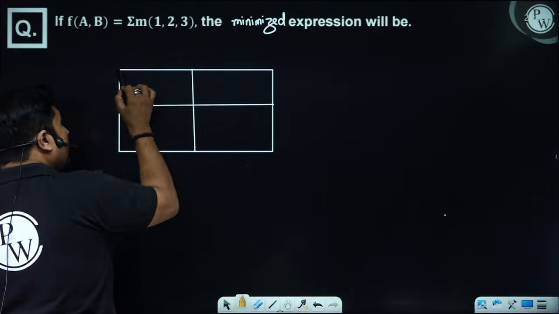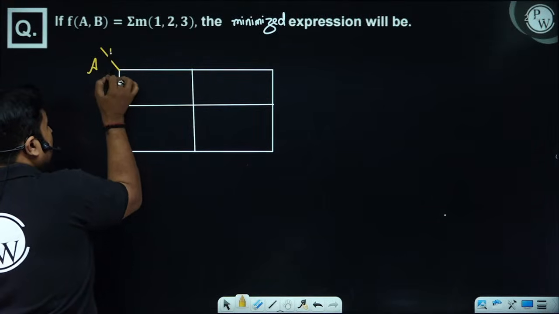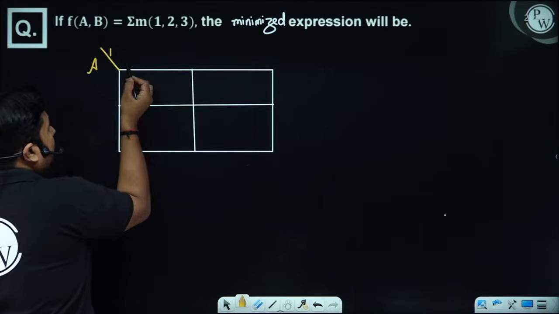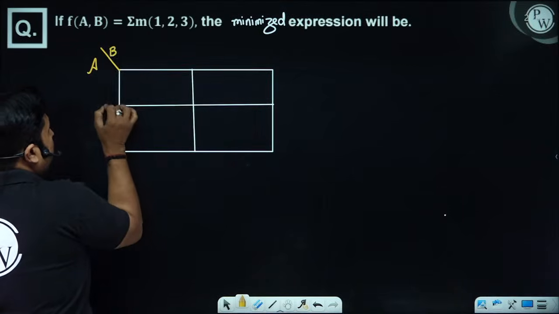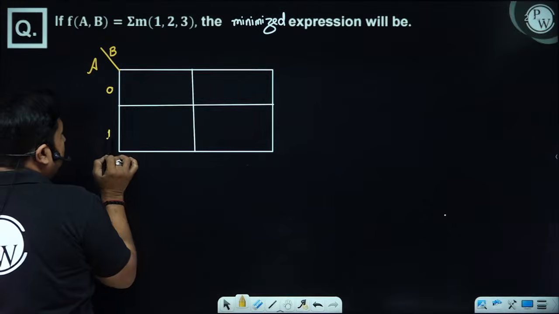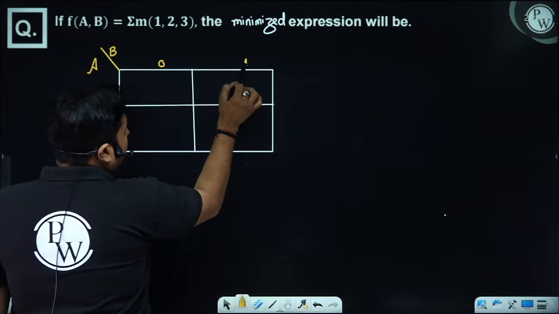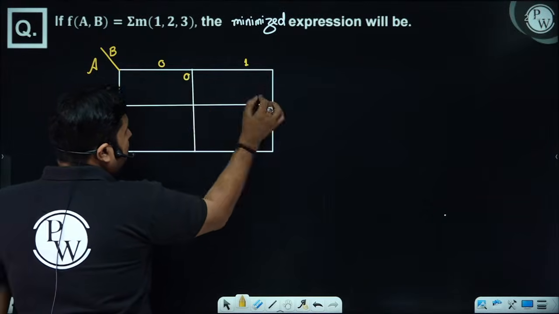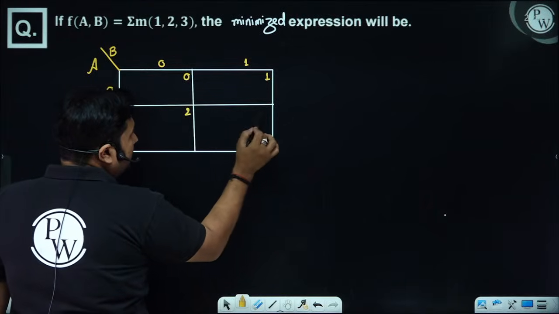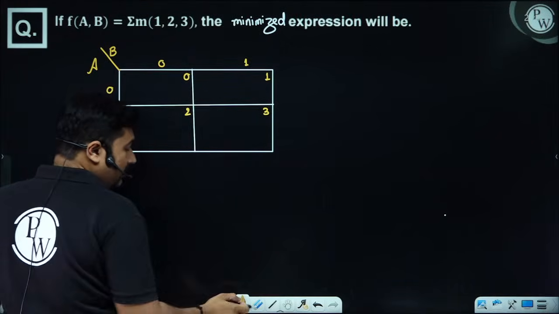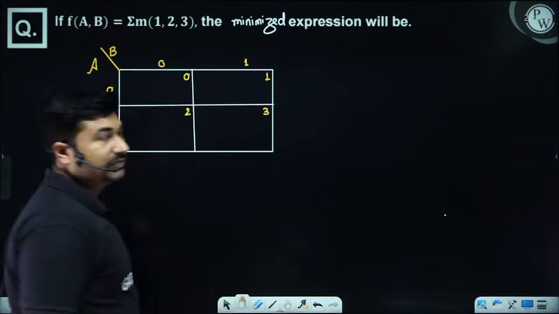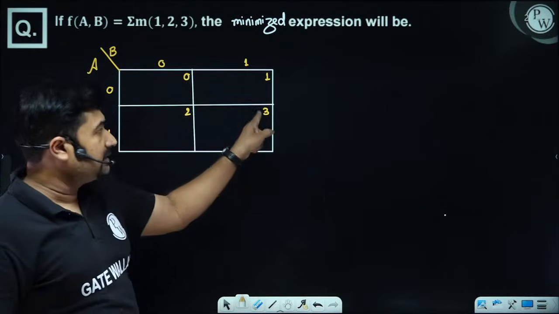So first draw a K-map of 2 cross 2. We have 0, 1, and here we have 0, 1. We all know about the numberings: 0, 1, 2, 3. These are the subblocks representing a specific binary; 1, 1 is represented by this 3.